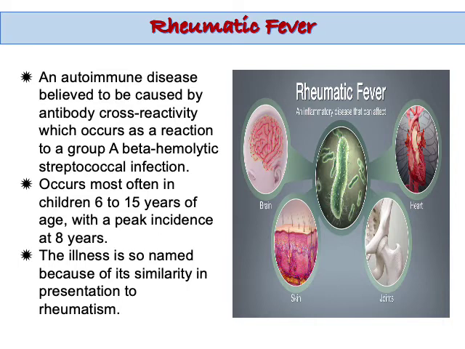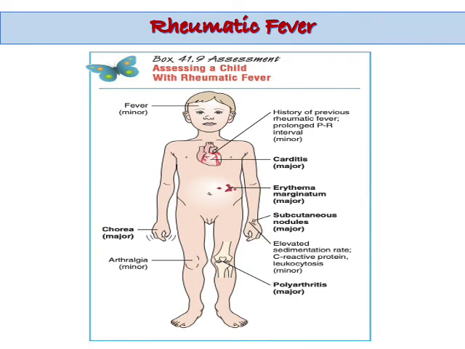It occurs most often in children 6 to 15 years, but the peak incidence is among children 8 years old. The illness is so named because of its similarity in presentation to rheumatism, hence rheumatic fever. Box 41.9 shows a child with rheumatic fever.